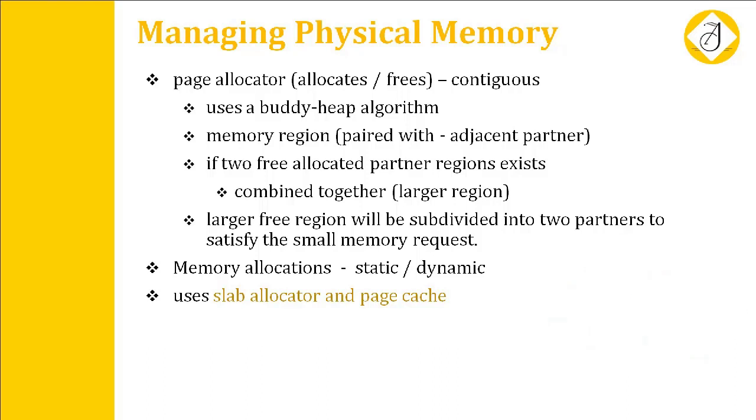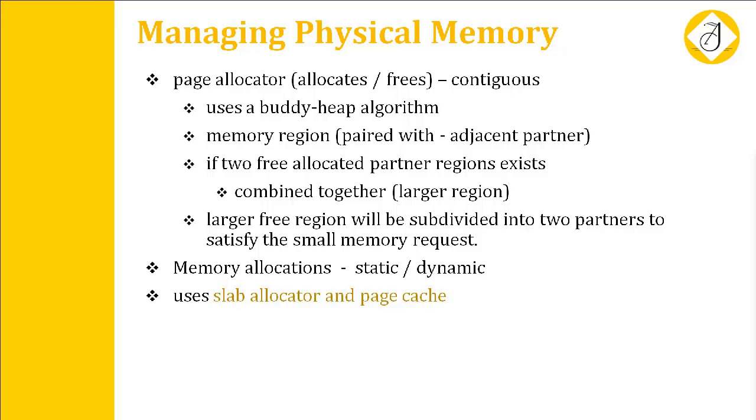Can you understand? If a small memory request cannot be satisfied by allocating an existing small free region, then a larger free region will be subdivided into two partners to satisfy the request. So what does it mean?